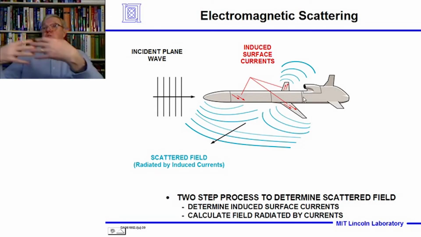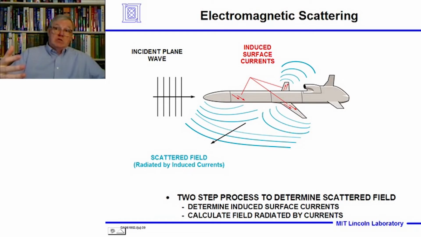And we want to measure that scattered energy and see how that compares to the incident energy, the power. And then remember the definition of the radar cross-section. It's 4 pi r squared, in the limit of long distances, the scattered electric field squared over the incident electric field squared.